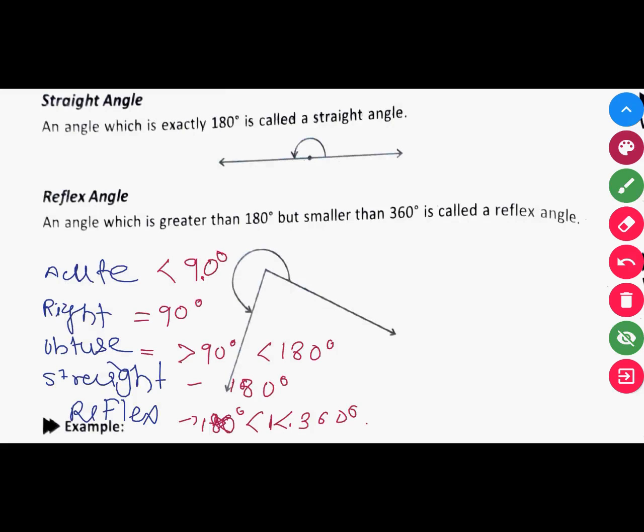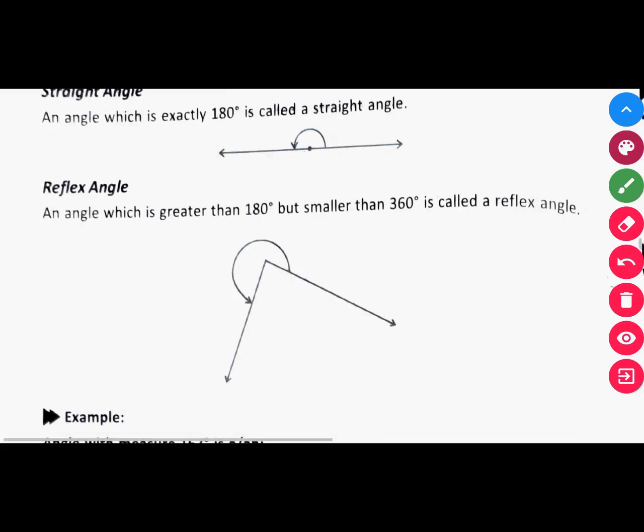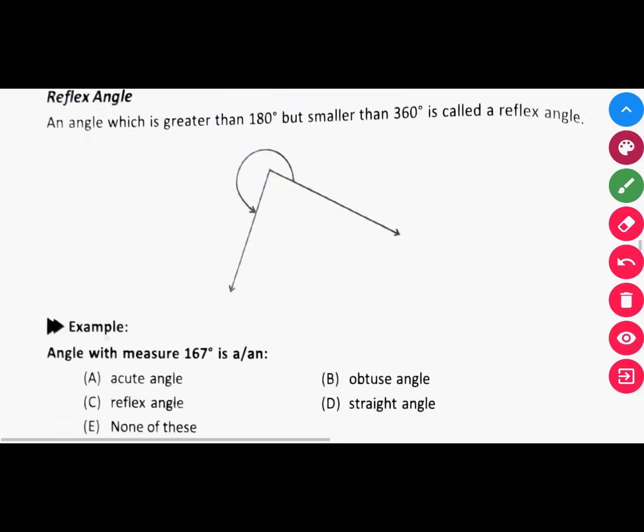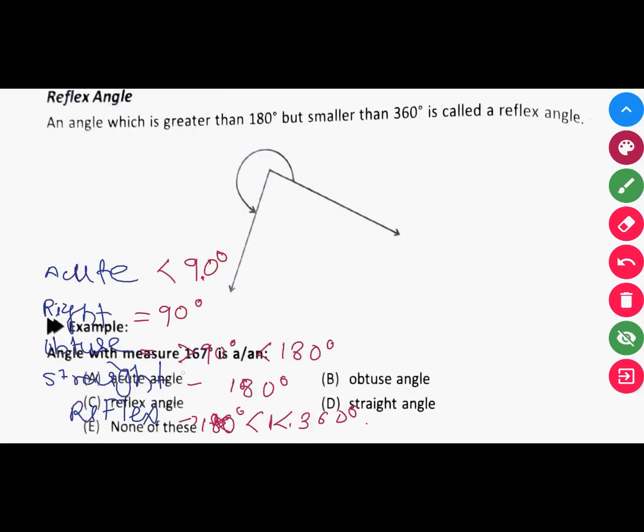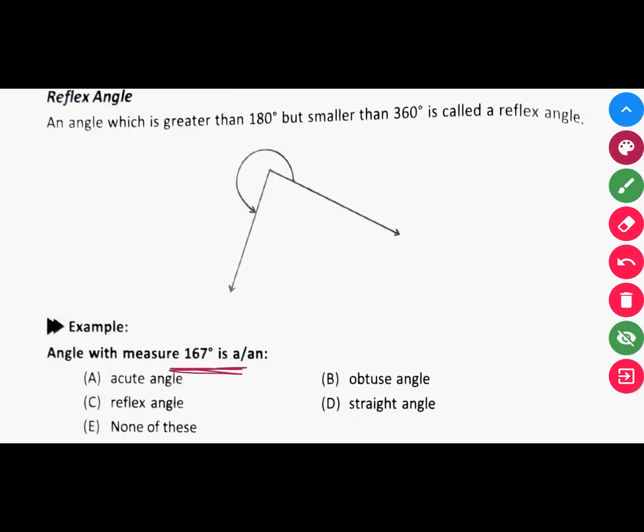Okay, I hope you understood all the types of angle. Now see, there is a question based on it. If the angle measures 167 degree, it is which type of angle? Acute, obtuse, reflex or straight? We already just learned the definition.